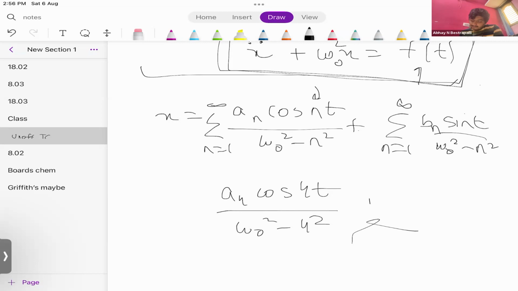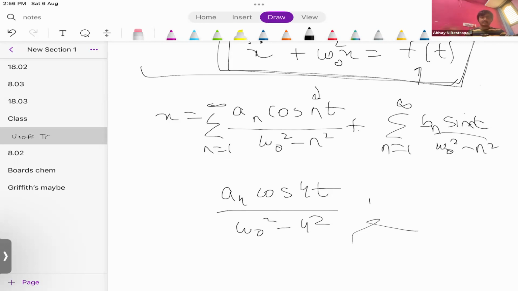This is still going to exhibit some sort of resonance. For example, look at this. What if omega naught, which depends only on the system, remember, omega naught changes depending on the system, was very close to 3?